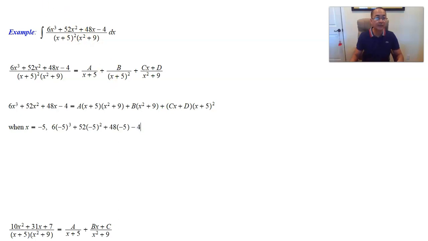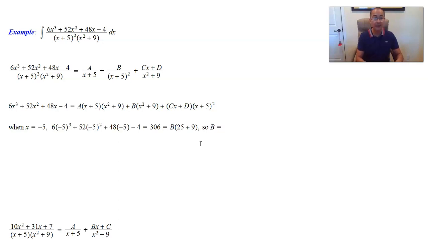How much do we get? 306. On the right side, minus 5, 0. Minus 5, 0. Only b survives. So b times minus 5 squared, 25 plus 9, also known as 34.